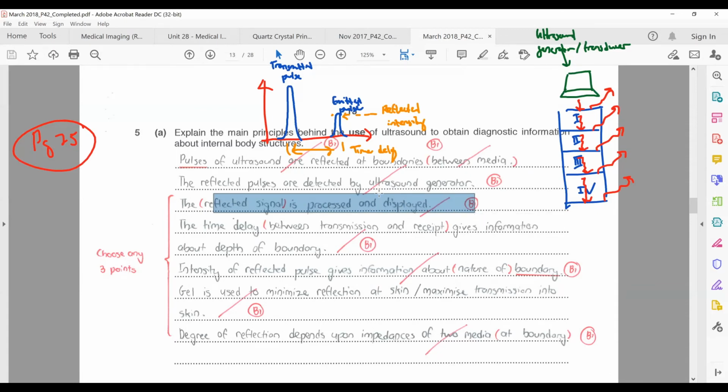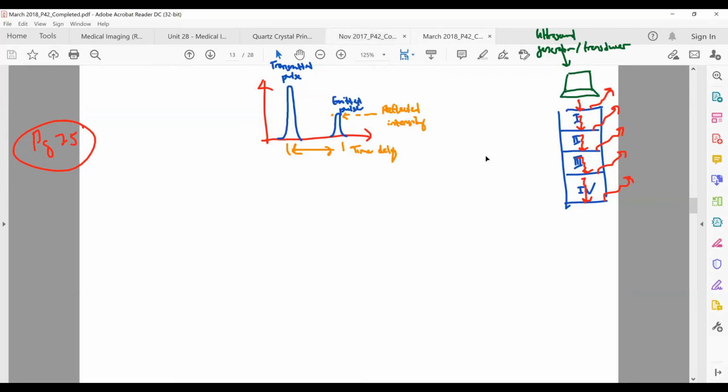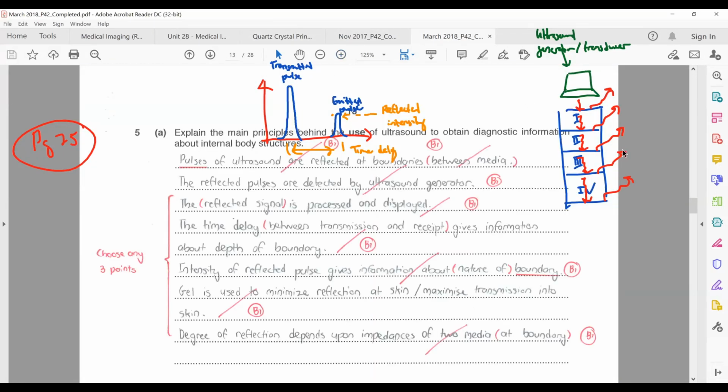So if you have a certain body with four different mediums, you want your ultrasound to keep going in, and every single time it hits the boundary between two media, it will reflect. The reflection is what you want to use to produce the image.